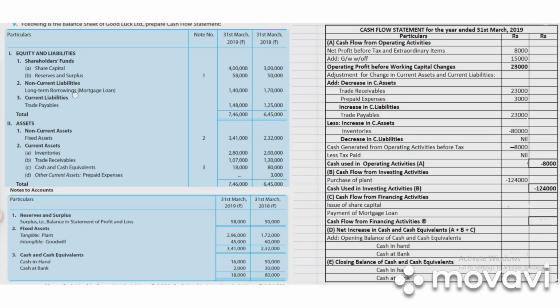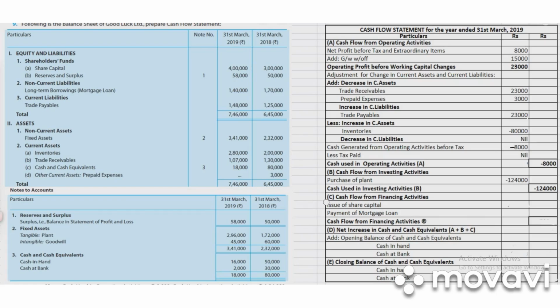So how much money is raised through issue of share capital? It is given in the question: current year 4 lakh, previous year 3 lakh. So 1 lakh worth of shares issued. Issue of share capital is 1 lakh.